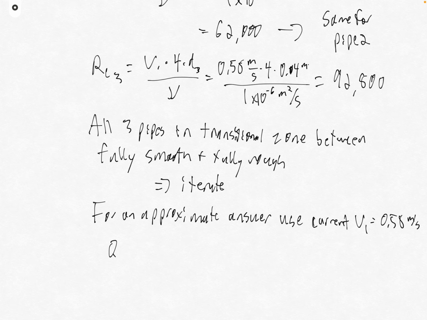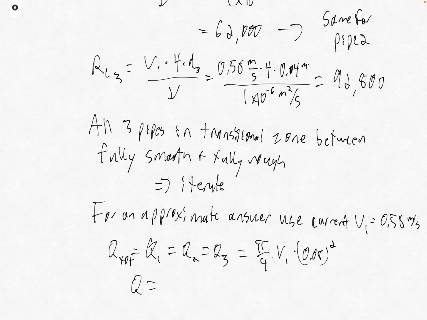And we know that Q total is equal to Q1, equal to Q2, equal to Q3. So we can just use our Q1 to find our solution. It's going to be pi over 4 times V1 times our D1 squared, which is 8 centimeters, 0.08 squared.